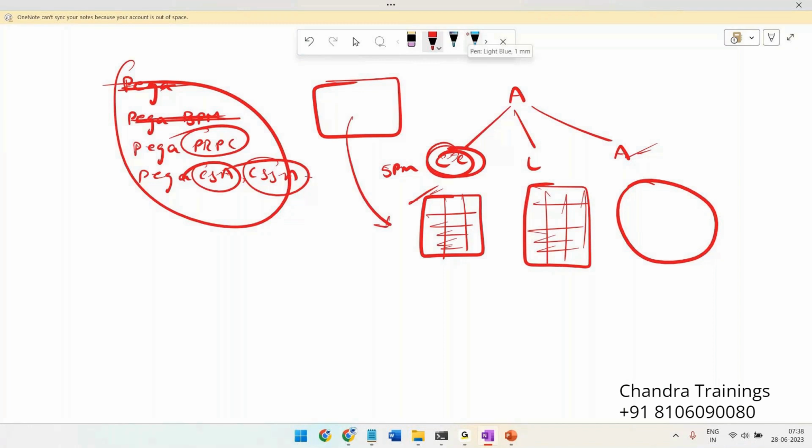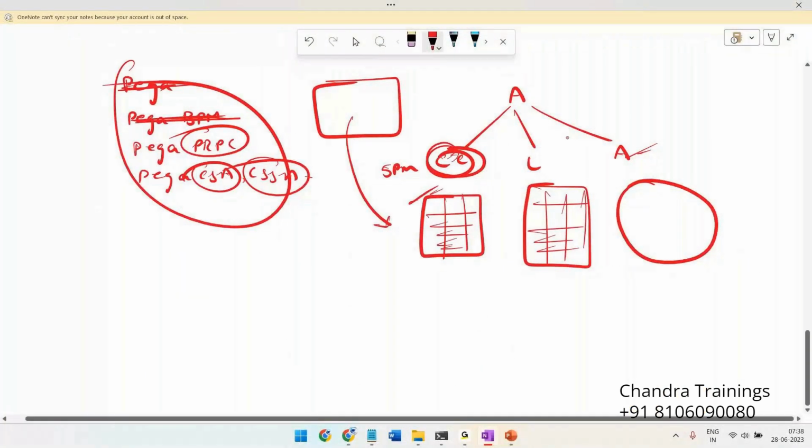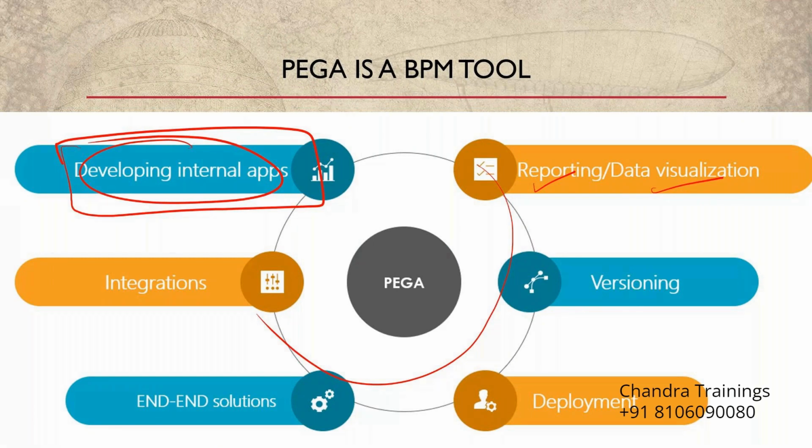Showing raw data from a database table in some pictorial form is generally called reporting. The Pega tool has reporting or data visualization inbuilt. If I want to show raw data from a database table in pictorial form, we go for reporting.